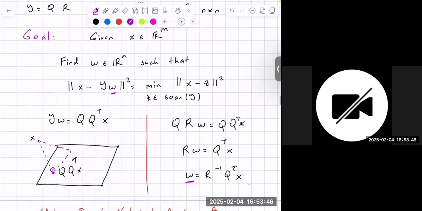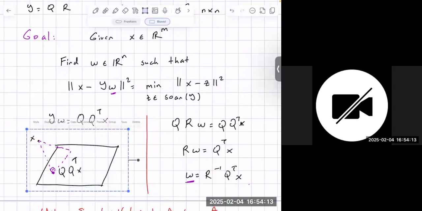Wow, what would they mean by that? So far, so good. Any questions? If there are no questions, I will erase this picture and explain why people would like to see that weight instead of Q transpose X. It's the same thing, but just in a different language, okay? Any questions so far?